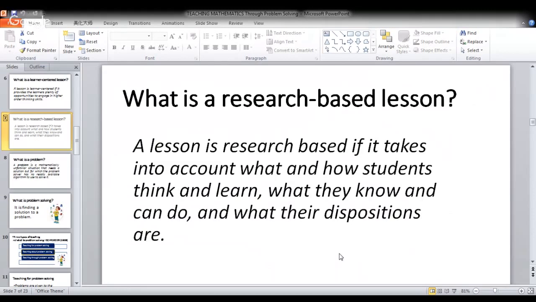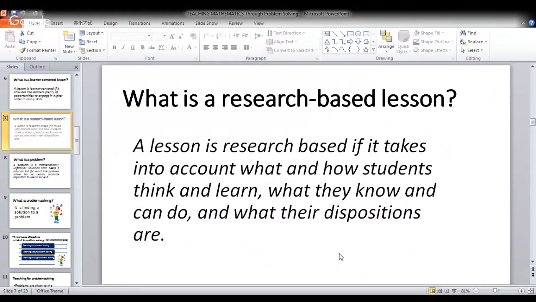One of the thrusts of the implementation of the DepEd K to 12 curriculum is that teachers are encouraged to do research when they implement a lesson. That's why it is called a research-based lesson.